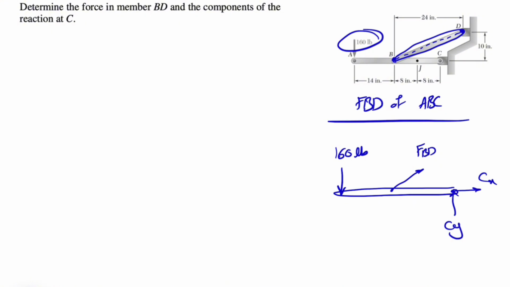Looking at this, we have three different unknowns, which means we need three different equations to solve this. The way we're going to solve this is that we are in equilibrium. We have sum of all forces equals 0, and we are in 2D, so we're going to have one equation for x, one for y, so 2 in here.